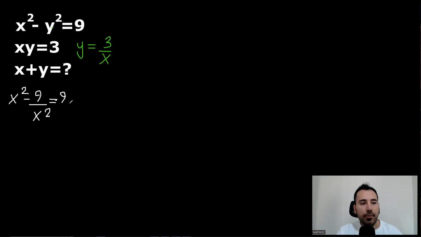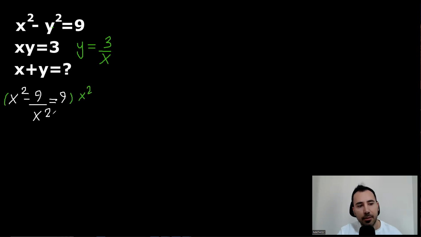So one thing that we need to be careful, can x be 0? If x is 0, then the approach is not good. But we know that from here, it's impossible because xy is 3, so x is never 0. For that reason, we could multiply everything by x squared.